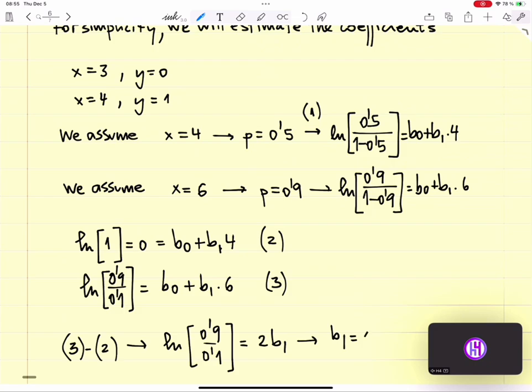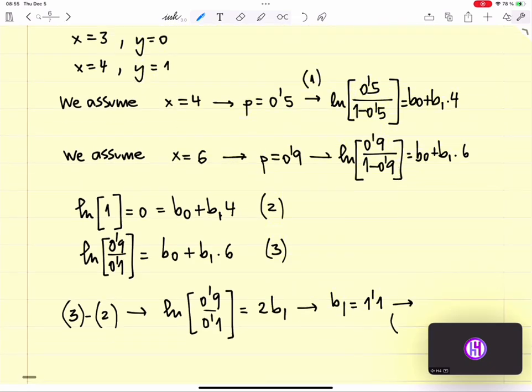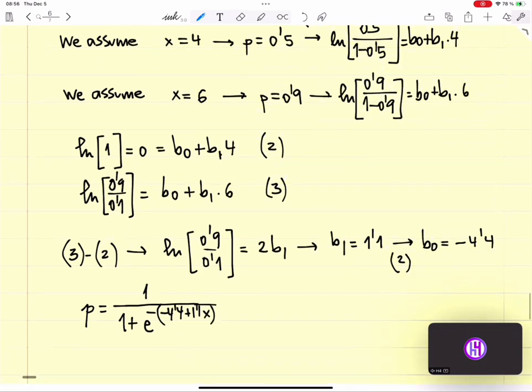I get 1.1, and as a result, if we put that in 2, b0 is minus 4.4. So our equation is 1 divided by 1 plus e to the minus 4.4 plus 1.1x. This is our logistic regression.